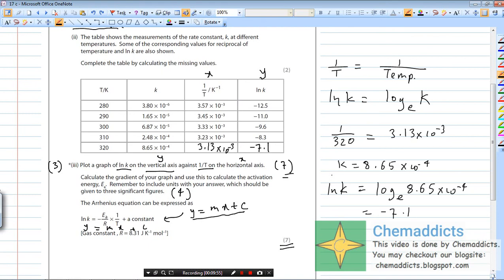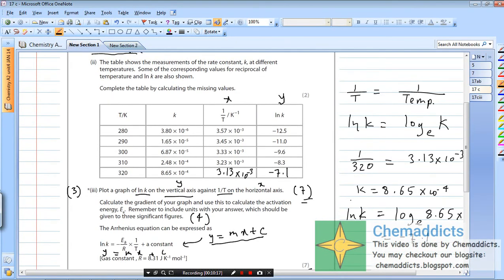Now let us move on to the plotting section. At first, let us plot this graph.